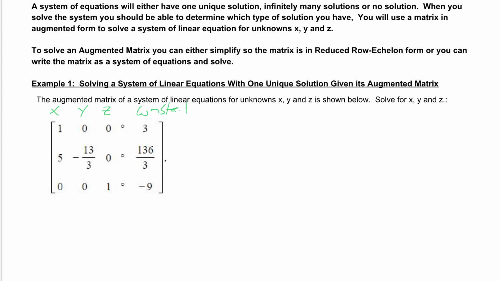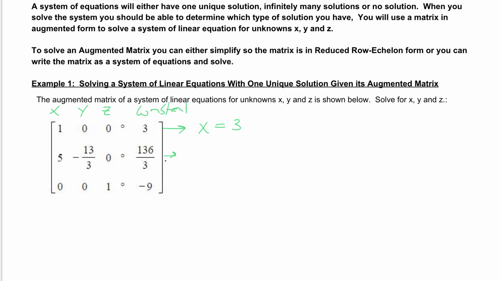So if we write what we have in this first one, we have 1 times x, which is just x, equal to 3. In our second row, if we take a look at it, we have a 5 in front of our x, negative 13 over 3 in front of y, no z, and after our equal sign we have 136 over 3.